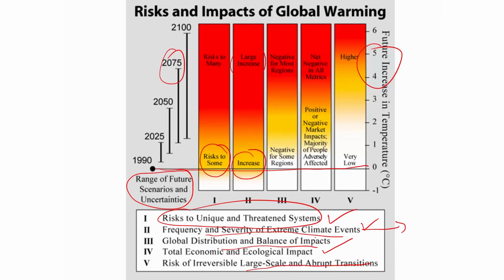Global distribution and balance of impacts is negative for some regions. So this is where we have to remember that global warming may well produce some winners and some losers, but it depends on lots of the details on how the globally collected population systems, immigration systems, transportations and economies interact with each other.